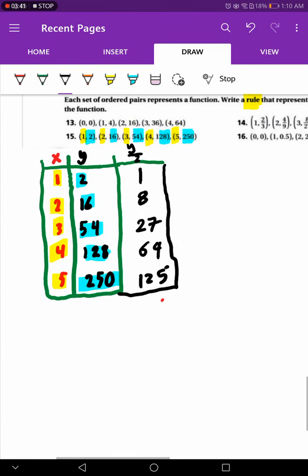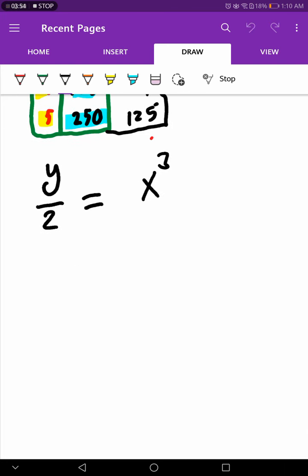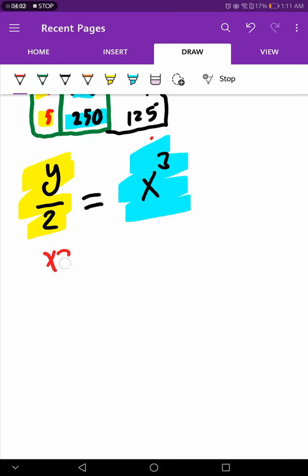So you have to write it like this: y over 2 equals x cube. And to make the y alone, after you determine the left side and the right side, you have to multiply by 2 the left side and the right side.